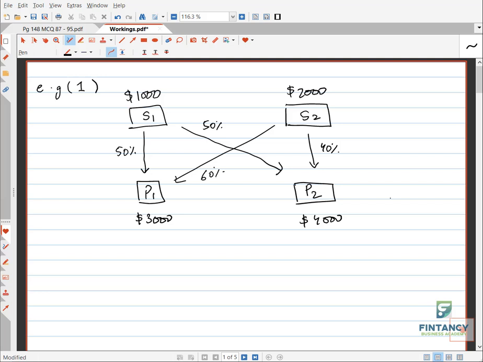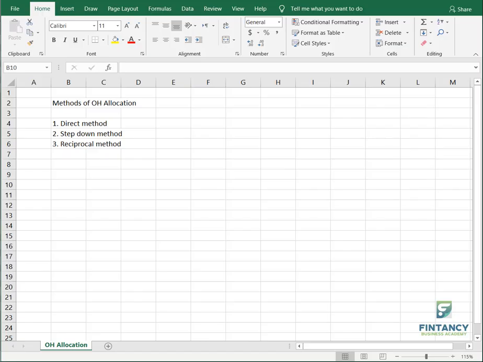Very nice. So let's follow this example, and I will plot it on the Excel sheet for you. I'm doing example number 1 with the direct method.